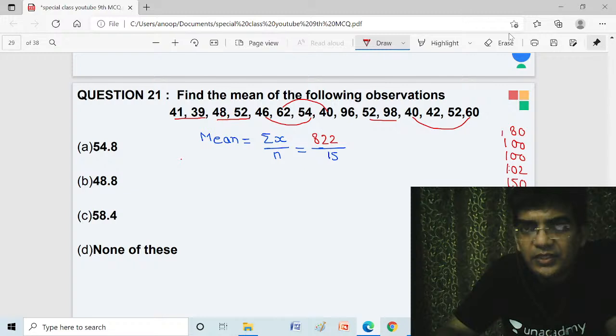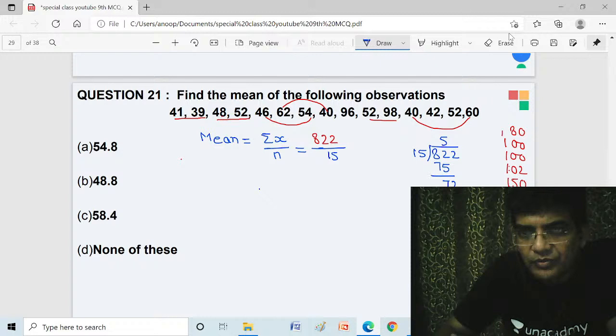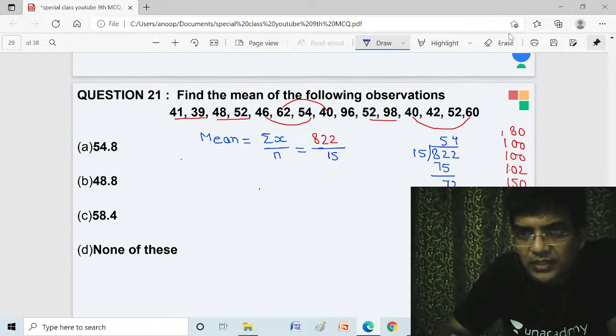So 15 5s are 75, 72, 15 4s are 60. So I'm left with 12. Then 15 8s are 120.